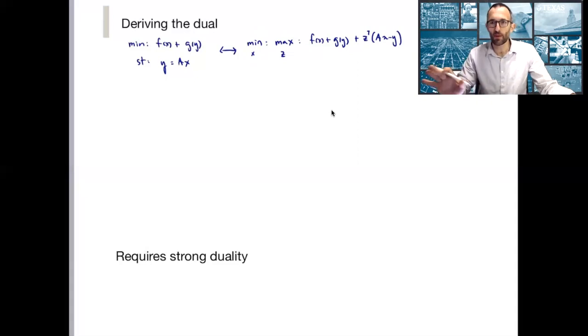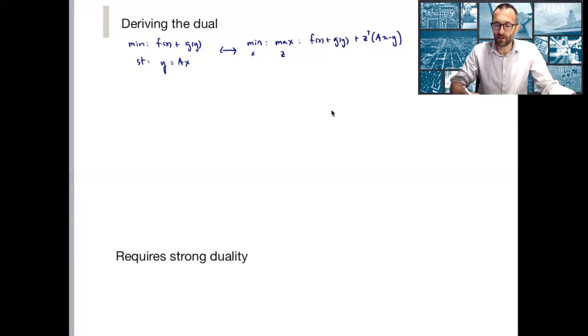Based on that convention, you can immediately see that these things are equivalent, because the minimizer won't dare violate this constraint. If any of the coefficients of this constraint are violated in any direction, then the maximizer inside can infinitely punish you and make the cost plus infinity. So you don't do that. You choose an x and a y so that y equals Ax.